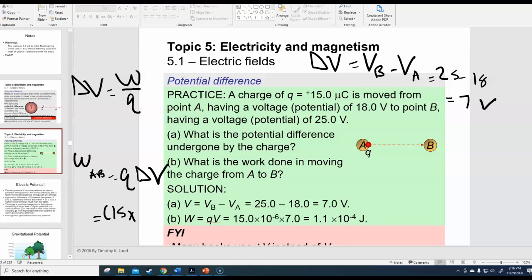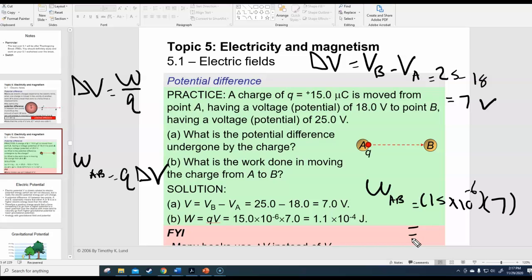Actually, let me write it over here where I have more space. That would be 15 microcoulomb, 15 times 10 to the negative 6, times that potential difference of 7 volts.